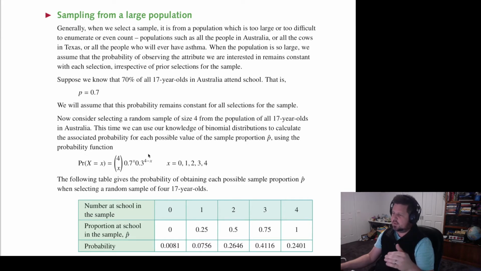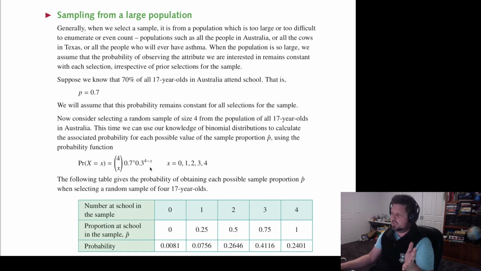So this is the probability function. Success was 0.7. Not successful is one take away 0.7, which is 0.3. Obviously the sample size was 4, and we've done this before with binomial distributions. With sample size 4, it could be 0, 1, 2, 3, or 4.